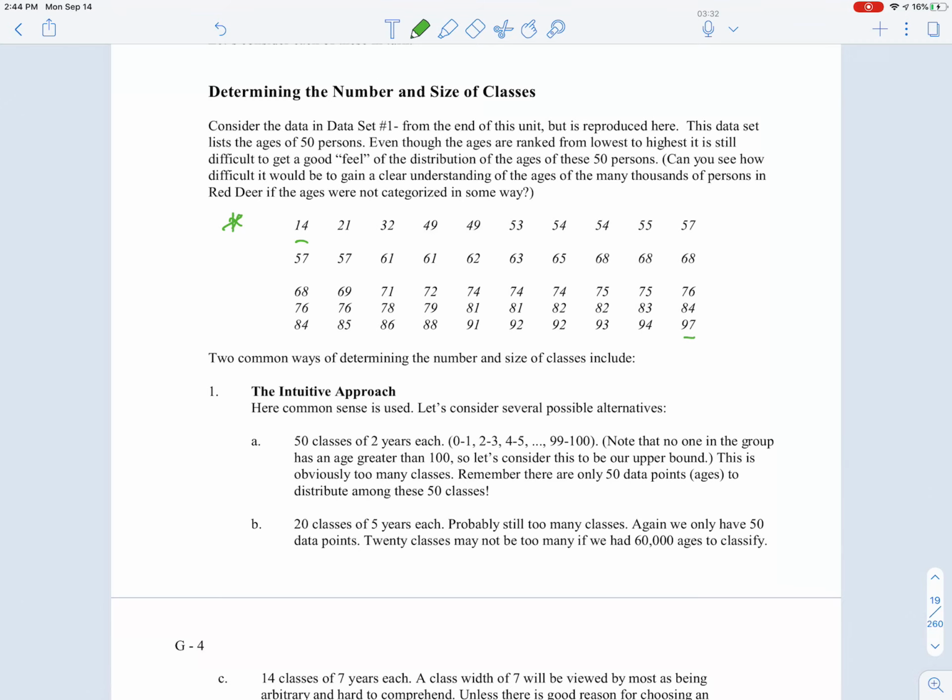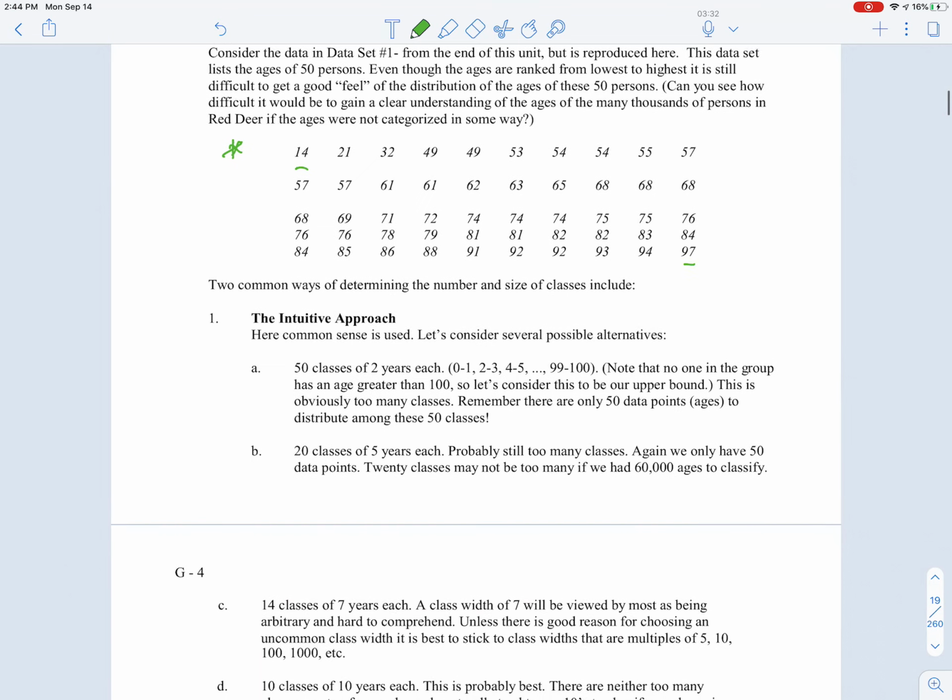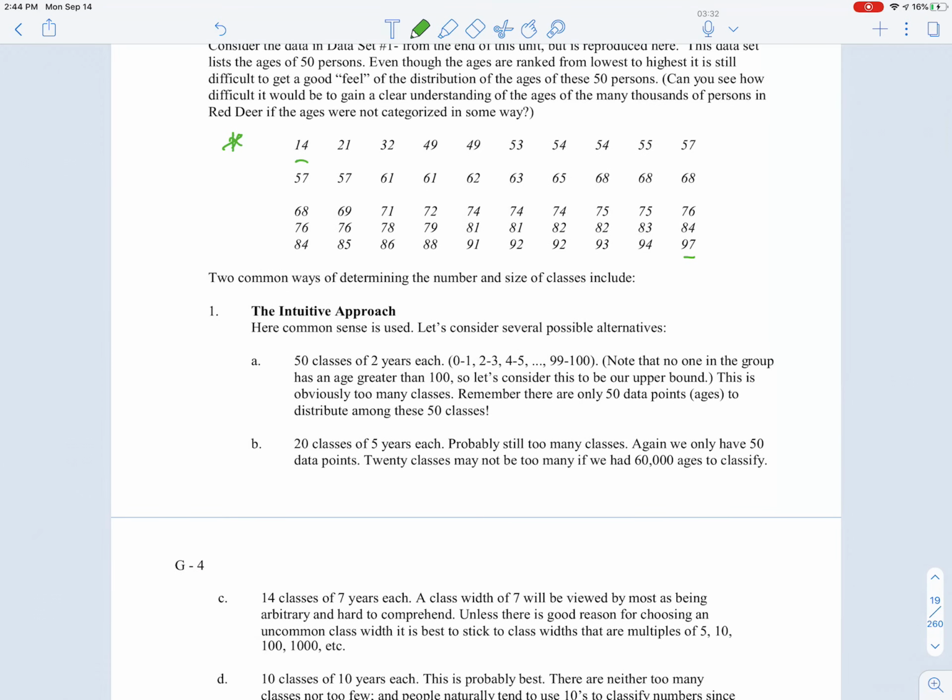You don't have to worry about them being sorted in any way. So suppose I want to put them into some sort of table that makes it easier to understand the distribution of the ages. Well, there's some different ways that we could do that. Two common ways, the first is the intuitive approach. The intuitive approach is where you probably have a good feel for ages, and so it's an easy thing to put them into classes.